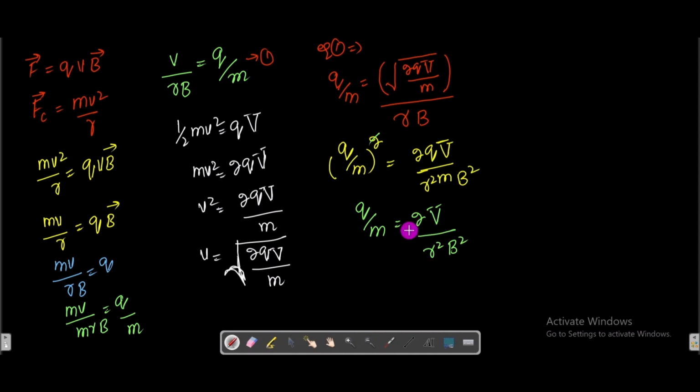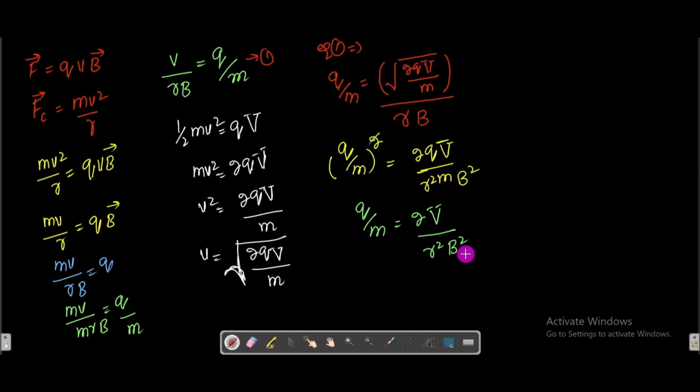So from this equation, in order to find the charge to mass ratio, we have to know the potential difference, and we have to know about the r, and similarly we have to know about the b.